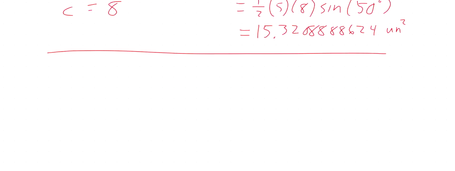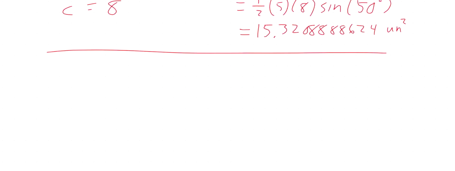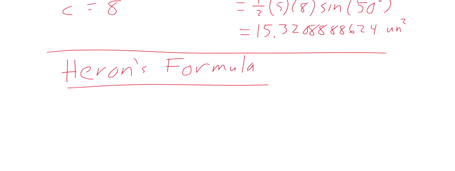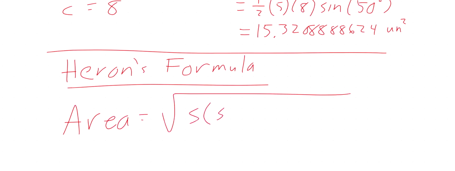Next up, it's something called Heron's formula. In your area here, the area is the square root of s times s minus a times s minus b times s minus c.